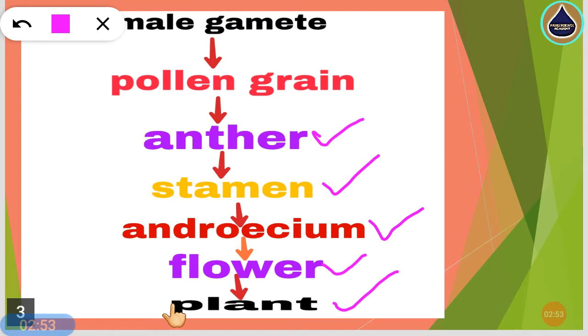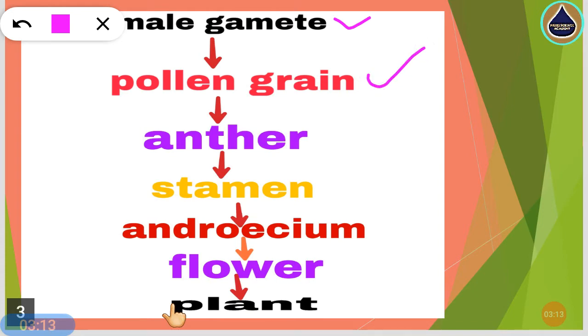In the anther there are pollen grains, and in the pollen grain the formation of the male gamete takes place. So the male gamete is formed in the pollen grain, which is present in the anther, which is the part of the stamen, the single unit of the androecium. The androecium is the male part of the flower, and the flower is the part of the plant.